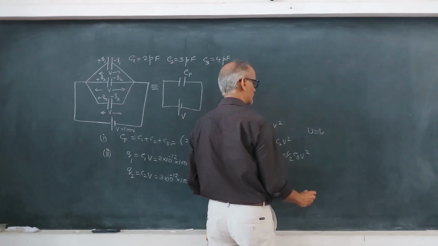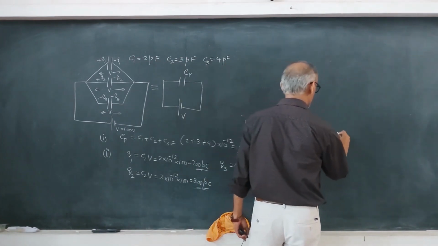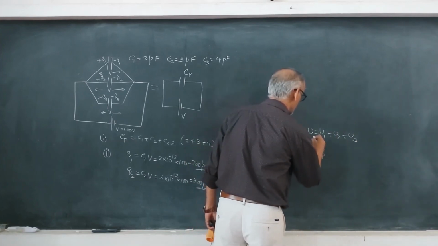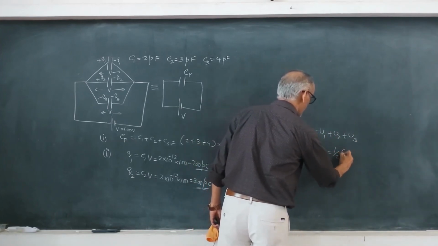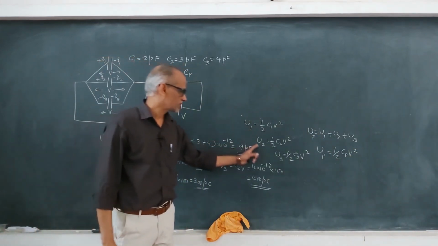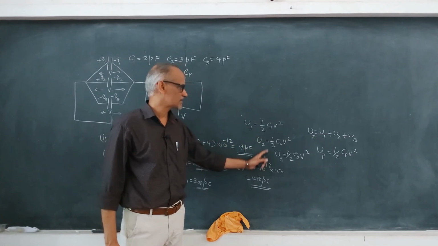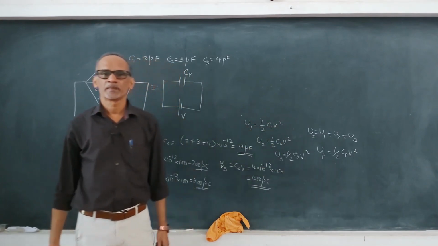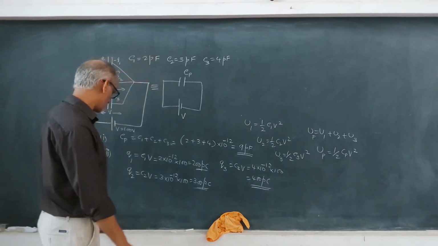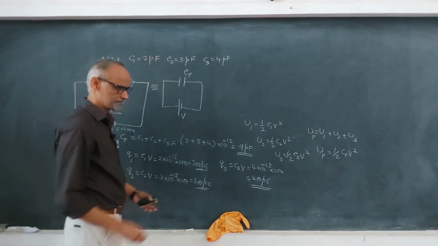U is equal to U1 plus U2 plus U3. Or you can even find Up is equal to half Cp V square. So like this, you can find the energy stored in the individual capacitor, and you can even find the energy stored in the system of capacitors. So these two combinations are important.